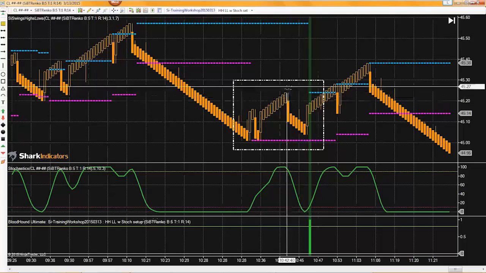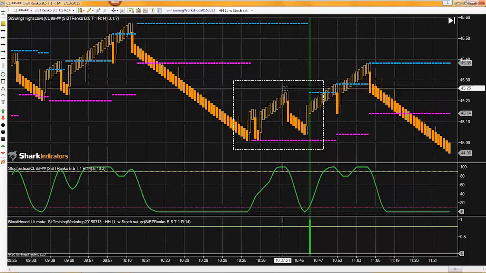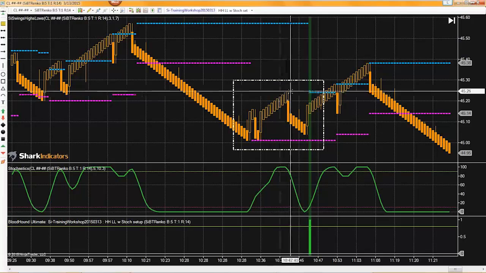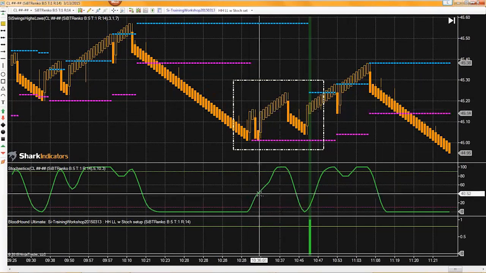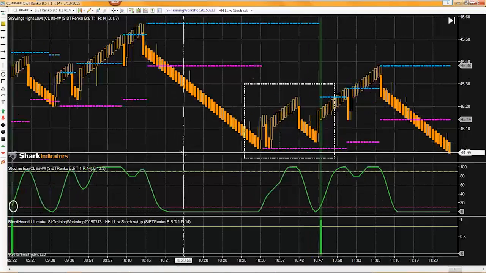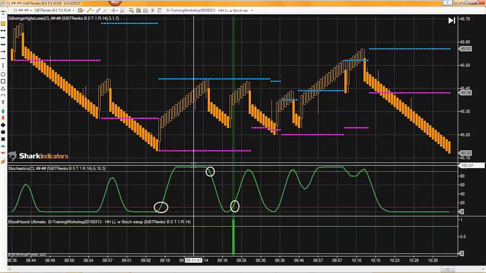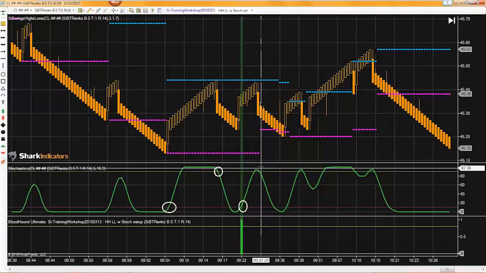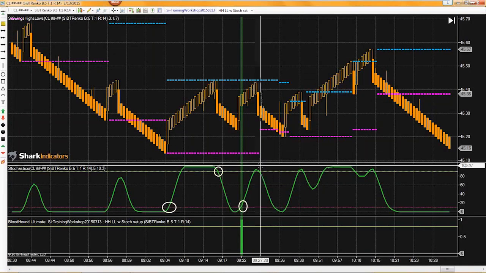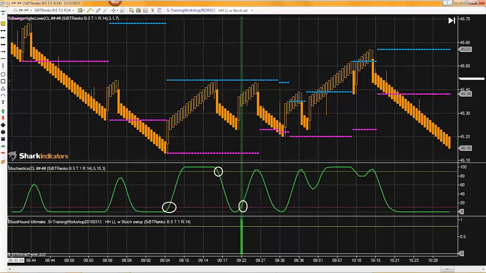And this didn't qualify for a short signal because we had a previous swing high right there, which our stochastic didn't get up high enough. So that looks good. Let's see, you know what?